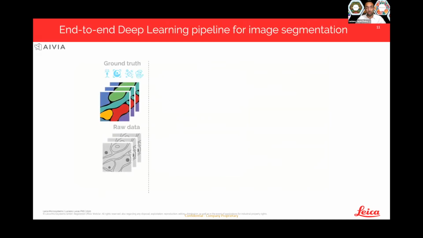This is good and it works. We also do that a lot at Leica. In Avia, we have already for more than 5 years had the capability to train segmentation models with a bunch of annotation tools, and you can deploy it in the cloud or locally. So the user has to provide ground truth annotations and raw data. We then can train a variety of models.